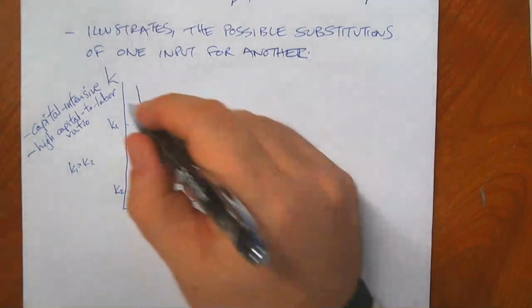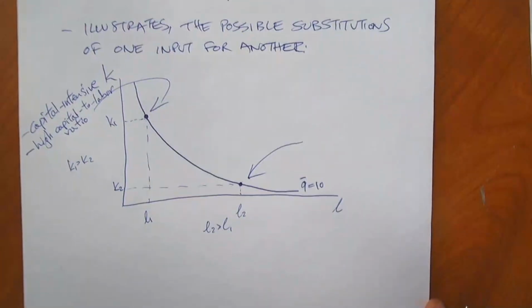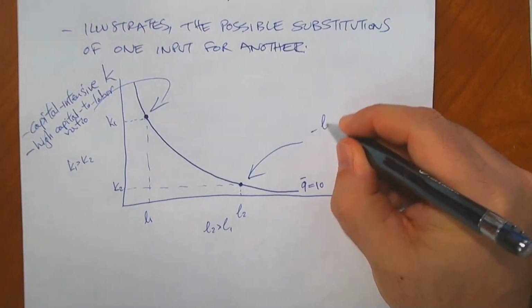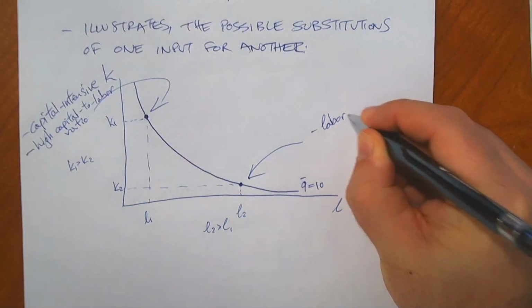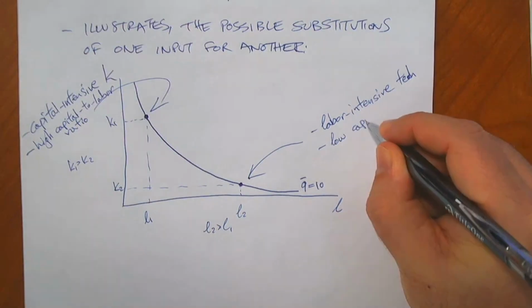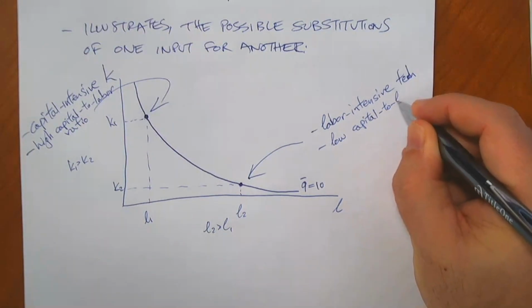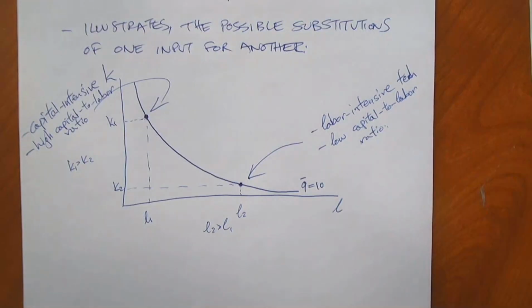Obviously, on this point, that will be here. What would we write over here? Similarly, labor intensive? So you would have labor intensive technology, you can define that, or a low capital to labor ratio. And for nomenclature, you always say capital first? Yeah.